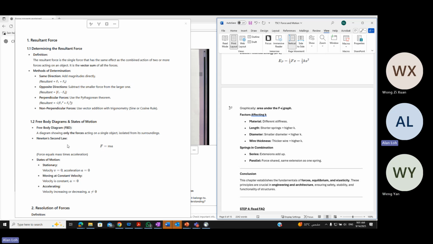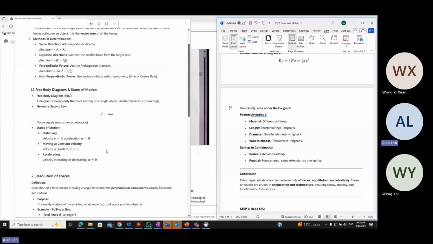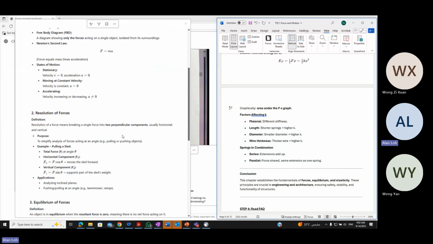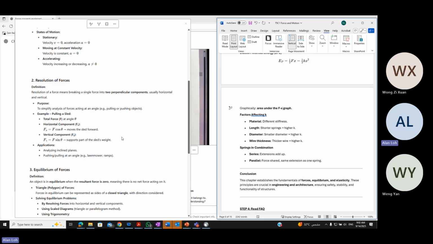So Newton's second law, that means there is a first law. But for this case, we do not need to know what the first law is. The first law is in gravitation in Form 4, Chapter 3. So don't worry about that. Let's focus on the second drawer. What do you see in the second drawer?